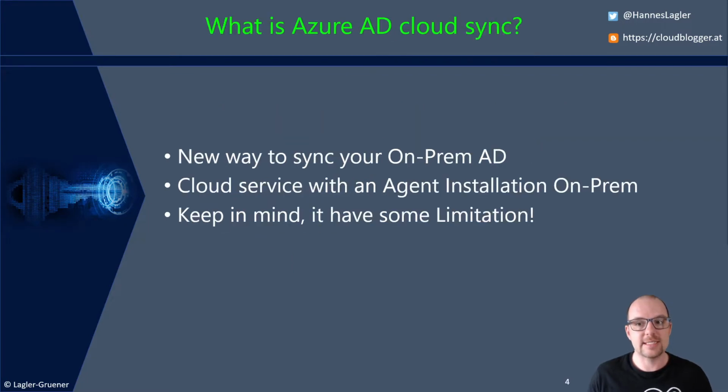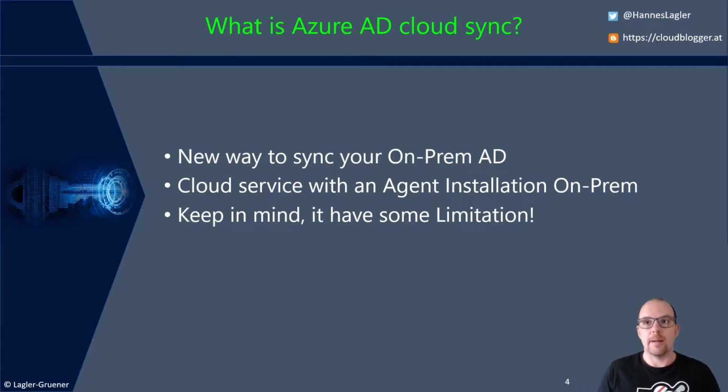Okay, so let's go to the first step. What is Azure Active Directory Cloud Sync? It is the new way to synchronize your on-premise Active Directory. What does this mean? Really simple. Each of my customers is always looking for a hybrid scenario.